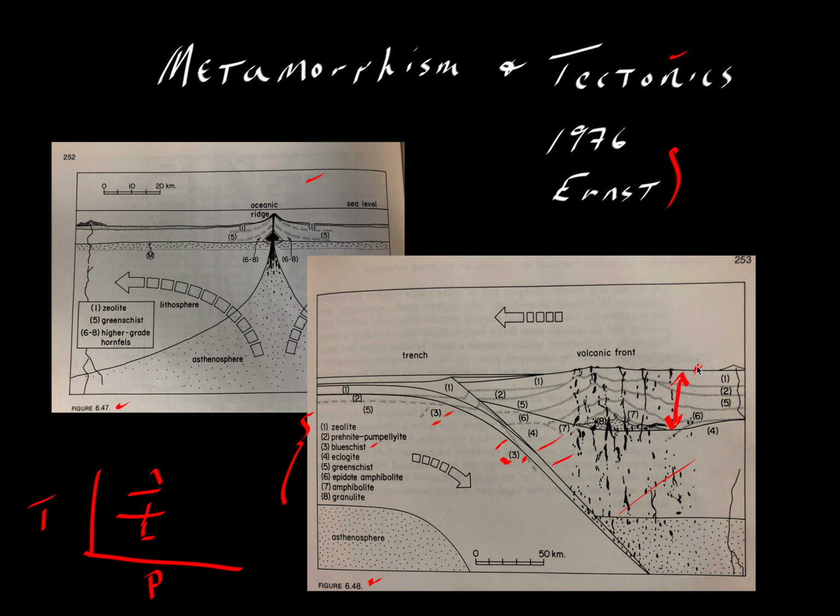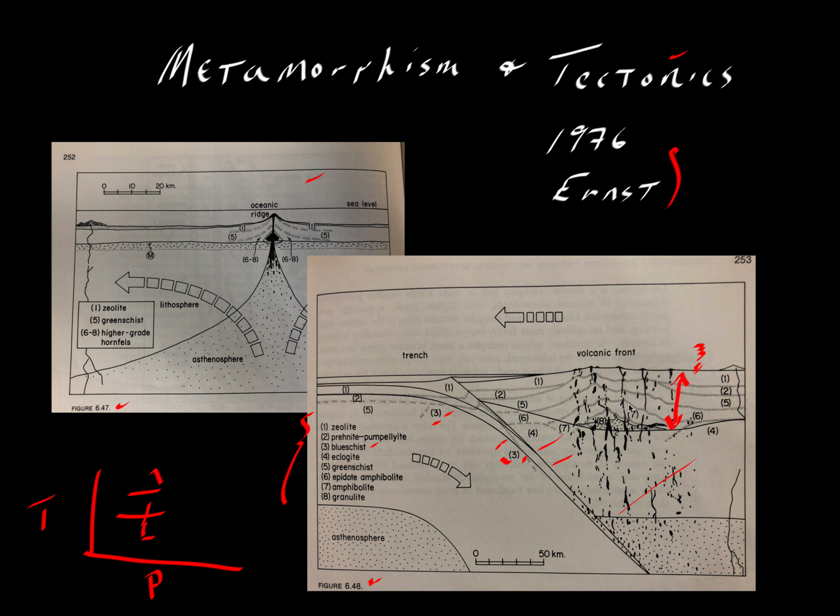If we found blueschist facies metamorphism in some ancient rocks, we would know that at one time in the past, when those rocks were formed, they were part of a subduction zone, and we can begin to recreate the tectonic environment based on those kinds of metamorphic conditions.